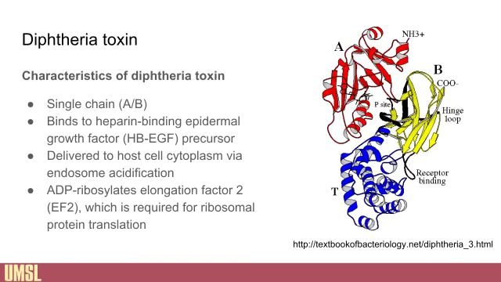So elongation factor 2, as I'll show you in a second, is responsible for helping charged tRNAs enter the ribosome and facilitates basically faithful charged amino acid loading into the ribosome and basically protein elongation.